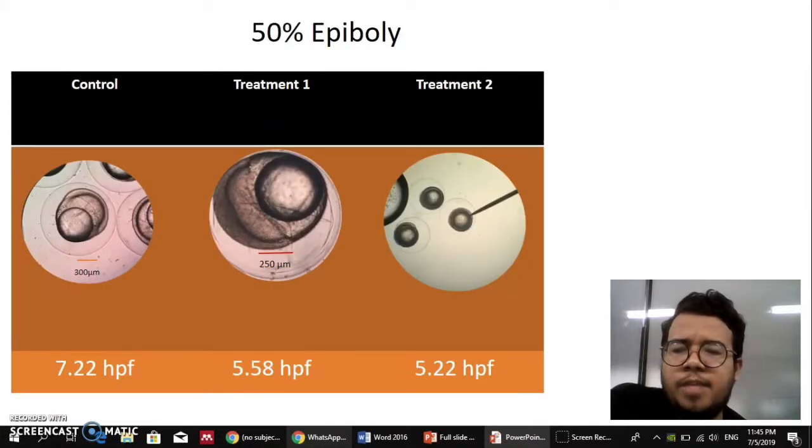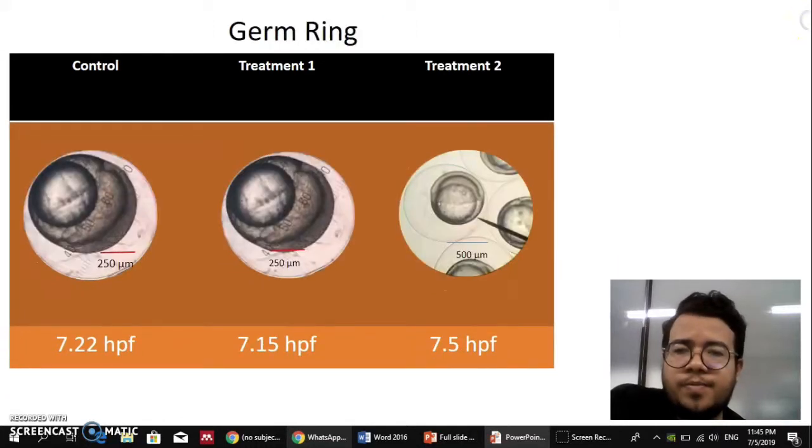For 55% epiboly, we could see that treatment 1 and treatment 2 have quite an average time, but control is taking quite a time to achieve this stage. For germ ring, we can see that all have the same time, but control is having quite a fast phase change from before.